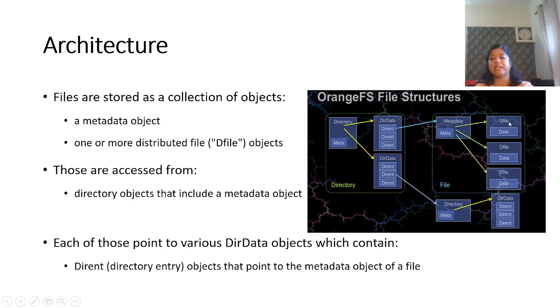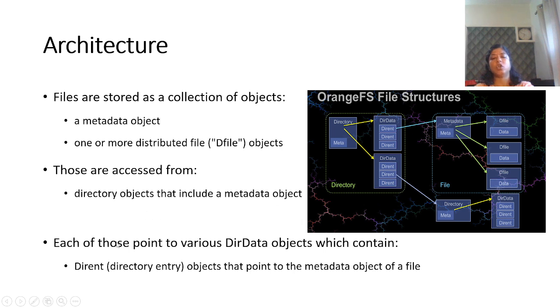You can see here the multiple D file objects inside the file. Now, these D file objects are accessed from the directory objects that include the metadata object. So this metadata object, as you can see in the diagram, will access these D file objects.